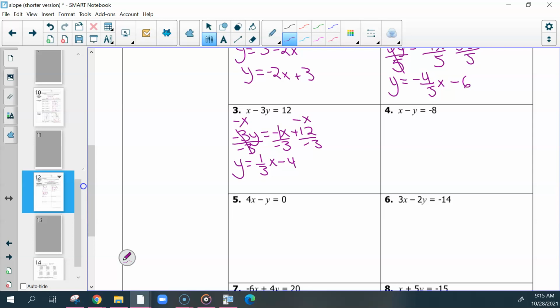If you wrote it like that, it's fine, but at the end, you would need to change it back. If you kept your x in your fraction and wrote it like x over 3 minus 4, that would also be okay.